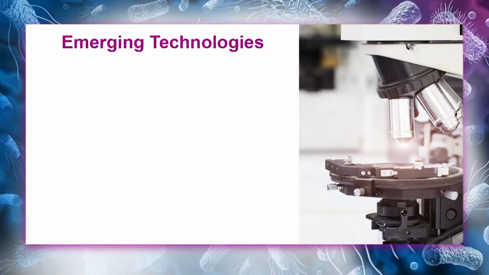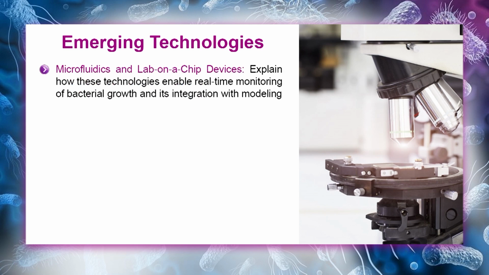Scientists gather all these pieces of information from bacteria and put them together. Now the emerging techniques, microfluidics and lab on a chip devices: how these technologies enable real time monitoring of bacterial growth and its integration with modeling. Imagine you have a tiny laboratory on a computer chip, just like a small piece of your computer.